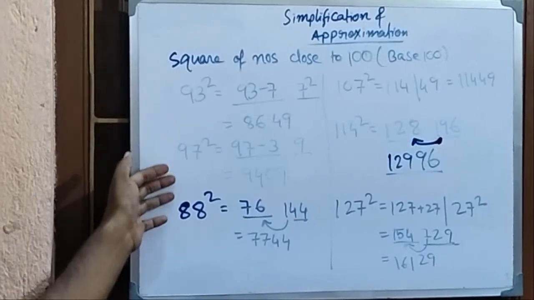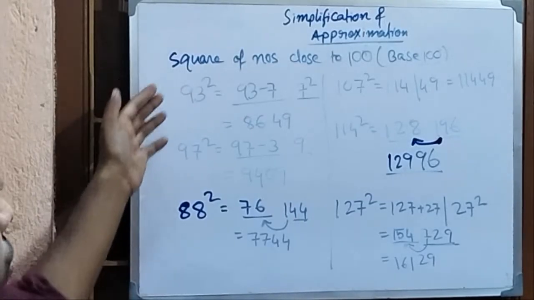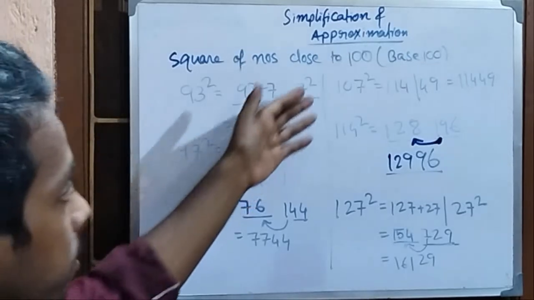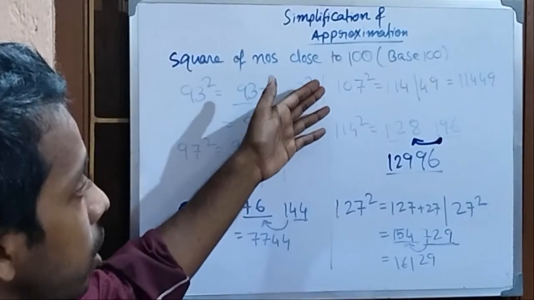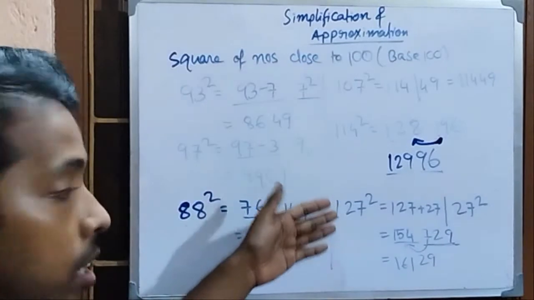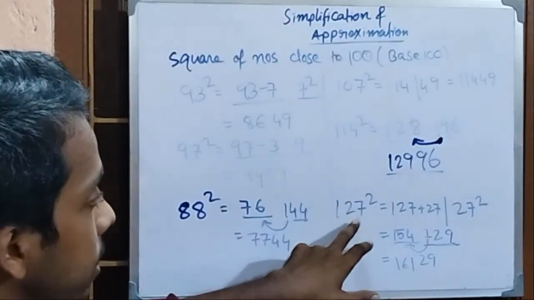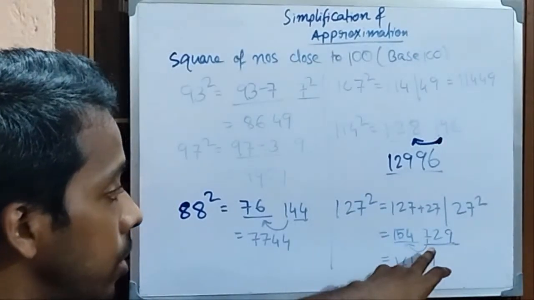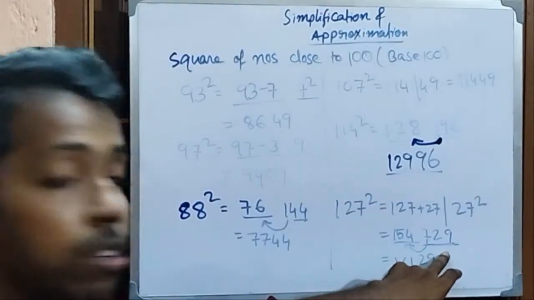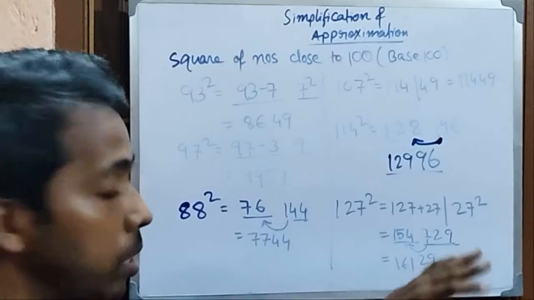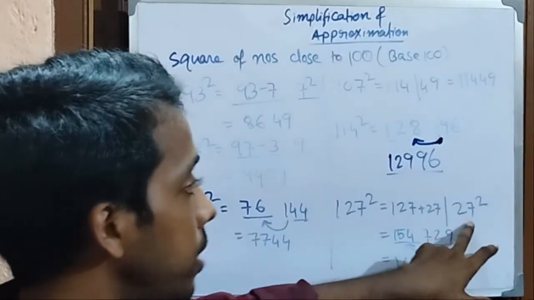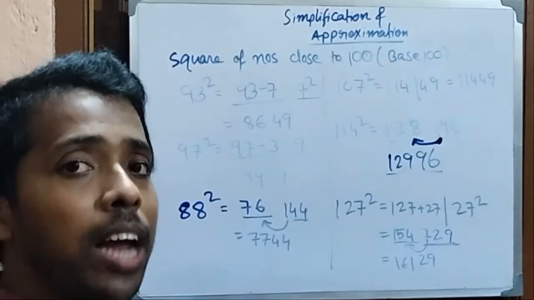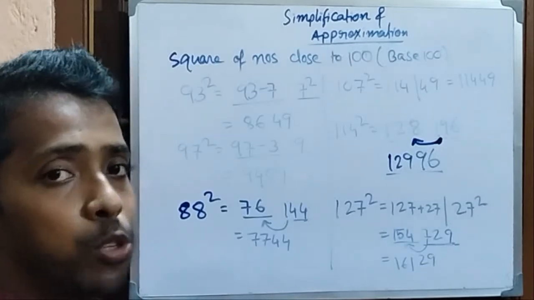Some examples: the numbers close to 100 but less than 100, and some examples of squares of numbers close to 100 but more than 100. And you can understand that here is 27 square. In times of examination, if you were getting into detailed solve mode, that would be a disaster. You cannot do this. But 27 square, 28, 29, up to 30 for squares and up to 20 for cubes.